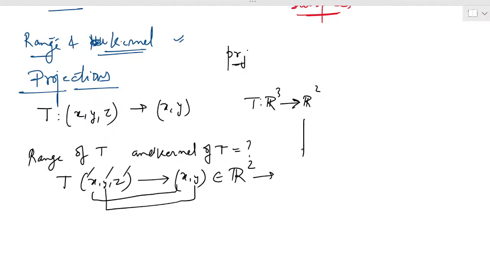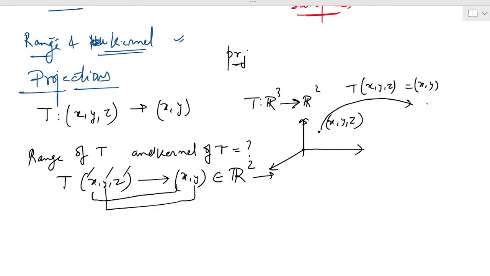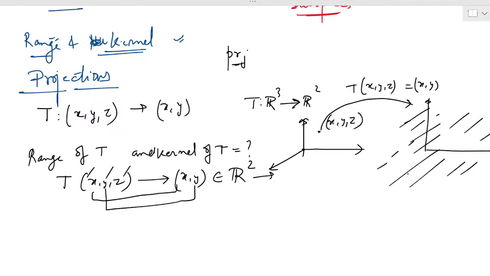So if I take any arbitrary point from three dimensions, and I relate it using this transformation, that is T(x, y, z) equals (x, y), my range of T will be nothing but the entire plane. This is the entire xy plane, so complete R square.